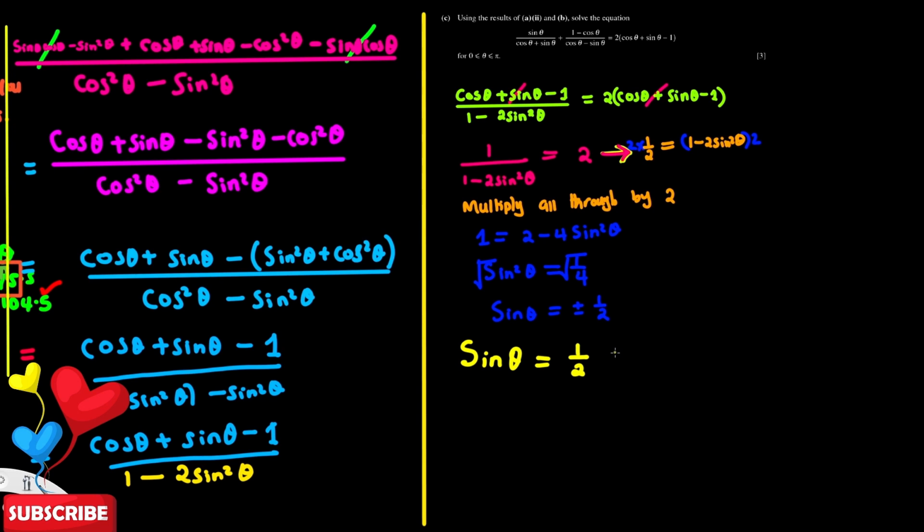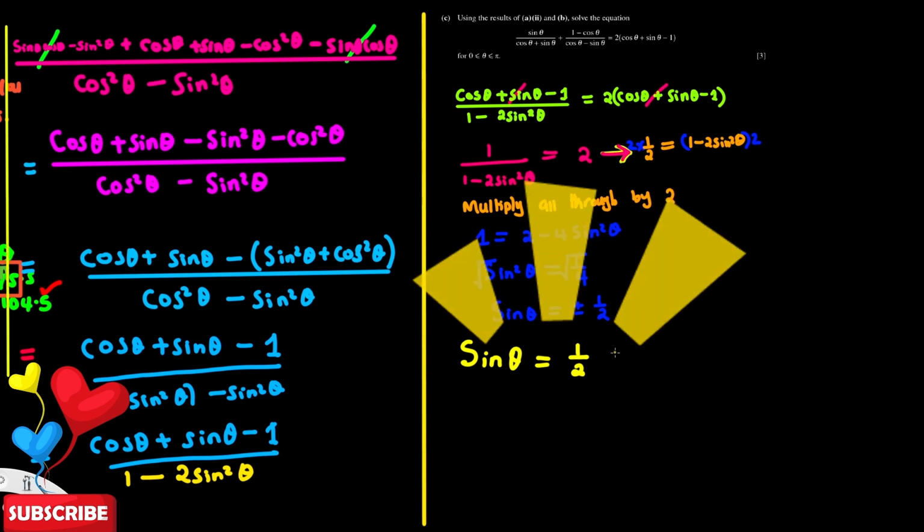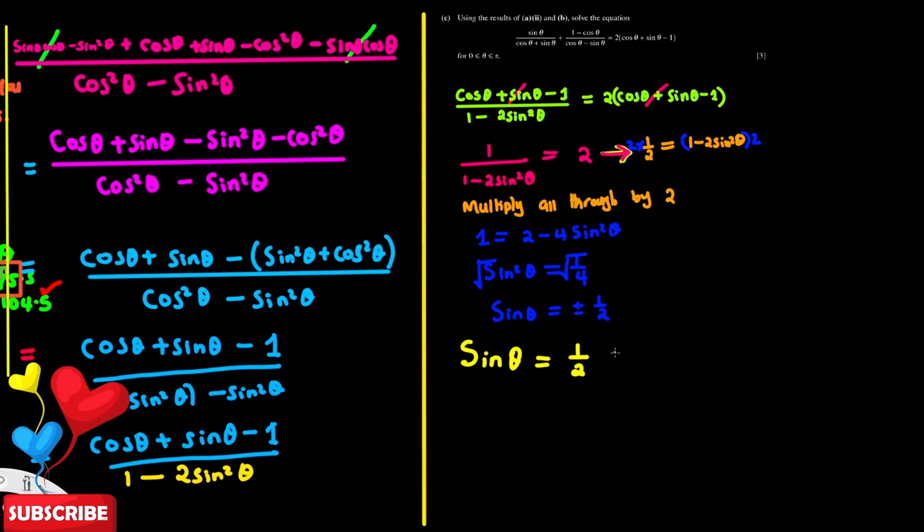And this means, you see, when you are solving these kind of questions, you check on the other side of the equal sign, is the answer positive or negative? We are told sine theta equals to positive a half. So this means we're going to find the values of theta in the quadrant where sine is positive.